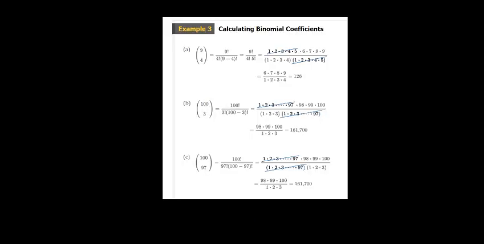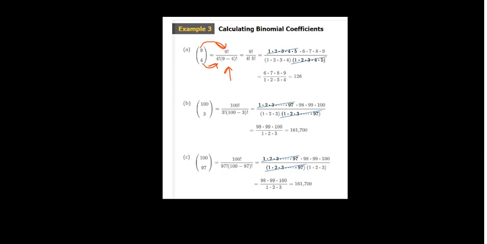All right, so let's look at an example. Example A, 9 over 4. Anyways, if we just follow along with the formula on the preceding page, we have the top number factorial, and then the bottom number factorial times the top number minus the bottom number factorial.